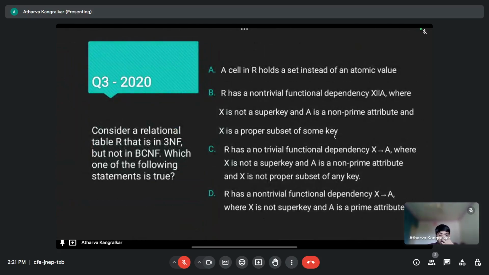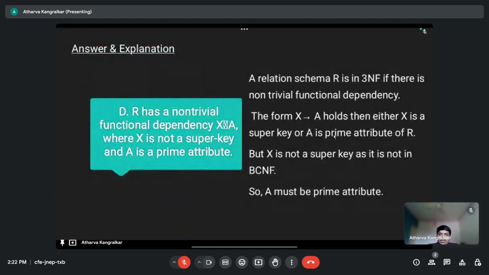So the next question is, consider a relational table R that is in 3NF but not in BCNF. Which one of the following statements is true? So the correct answer is option D. R has a non-trivial functional dependency X to A, where X is not a superkey and A is a prime attribute.